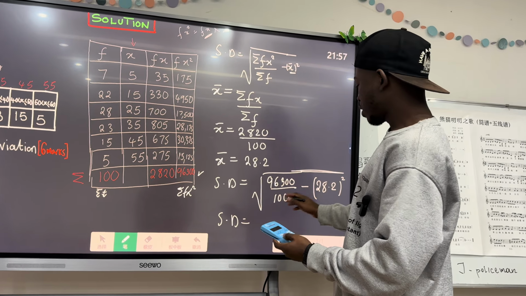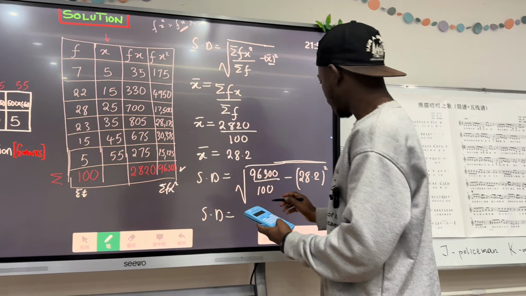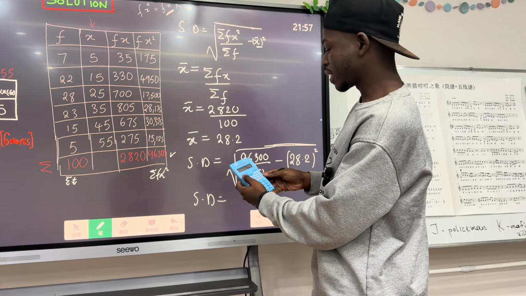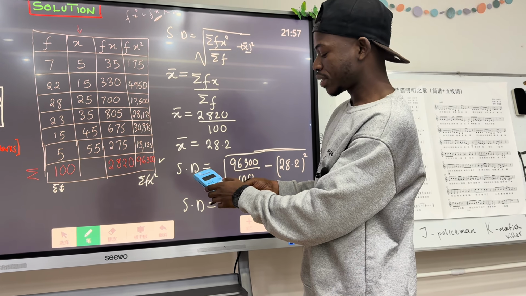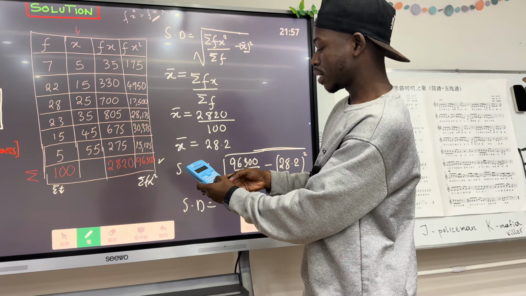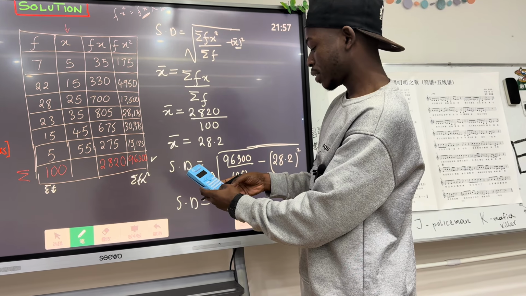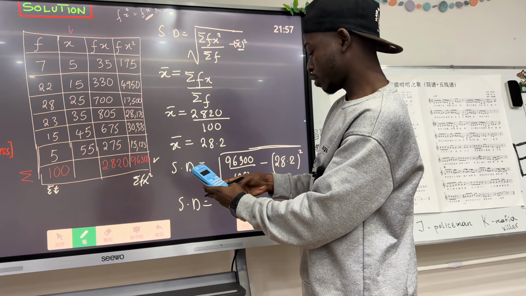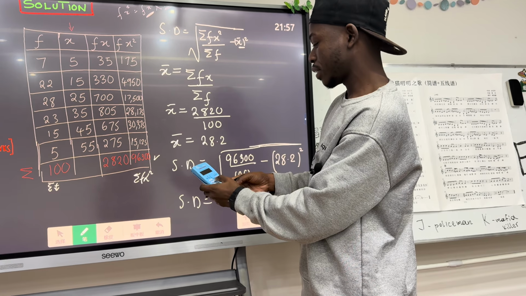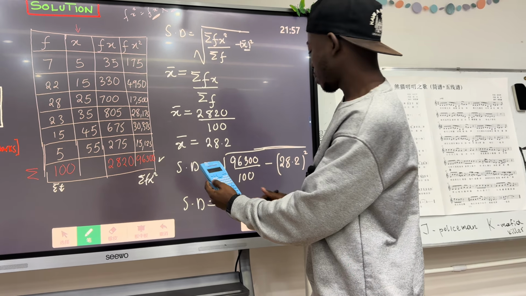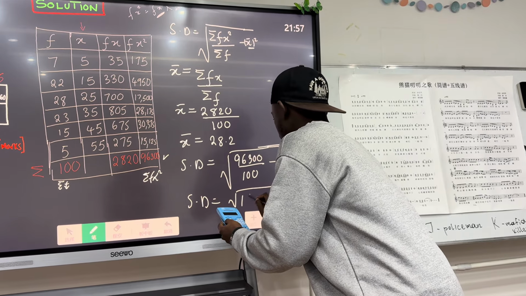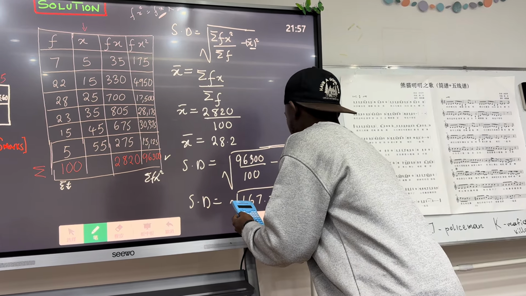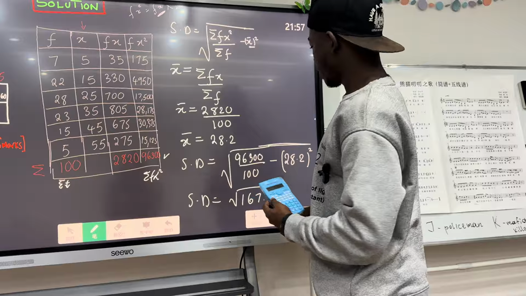So 96,300 divided by 100, I'm getting 963. Then minus, so don't erase anything there, just say minus, then you put the brackets, 28.2, then you square it. So what I'm getting now is 167.76. Then we now need to find the square root there.